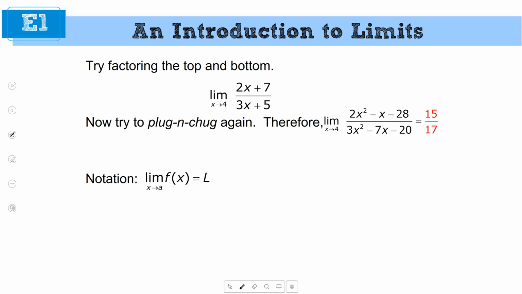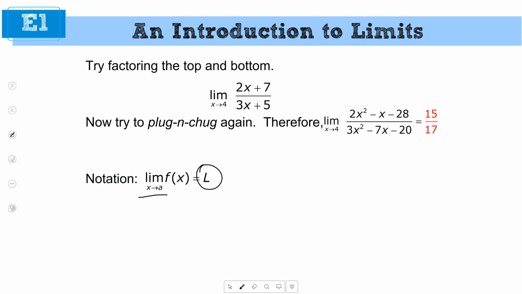Awesome. Okay, so there's some notation again. This is a general form of limit notation. The limit as x approaches some value a of a function is equal to L. L is what's called the limit, L for limit. It's also the thing to remember, the y value of the function. The thing that you're taking the limit as approaches, this is the x value.